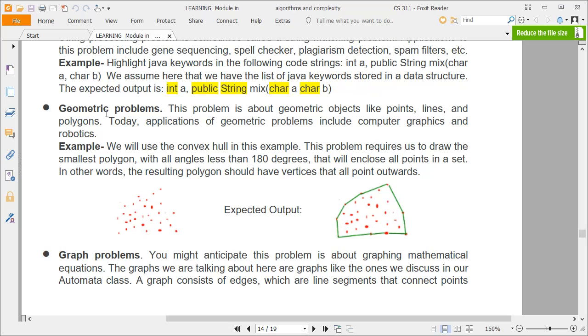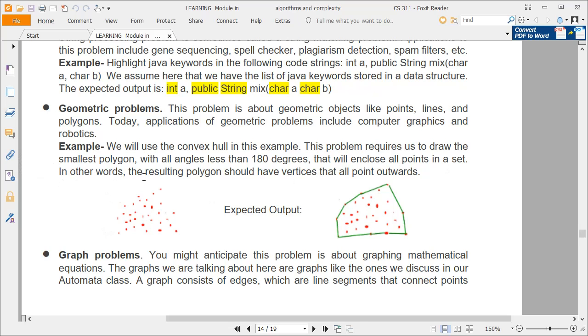For example, we will use the convex hull in this example. So what is the convex hull problem? This problem requires us to draw the smallest polygon with all angles less than 180 degrees that will enclose all points in a set.